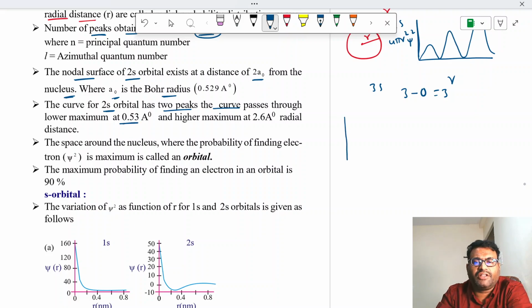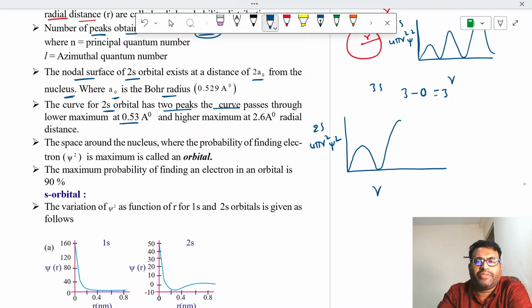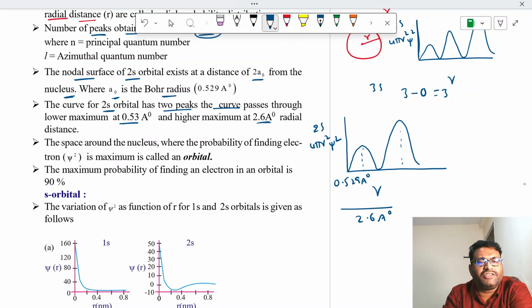For the 2s orbital, 4 pi r square psi square versus r, we get two peaks, one at a distance of 0.529 angstrom units, another at 2.6 angstrom units radial distance.